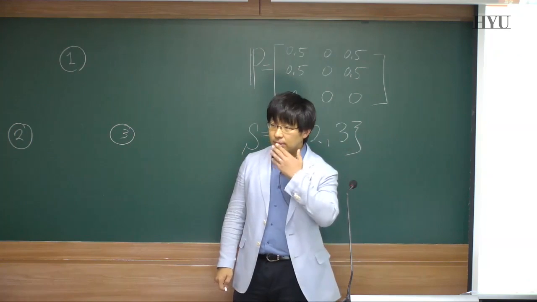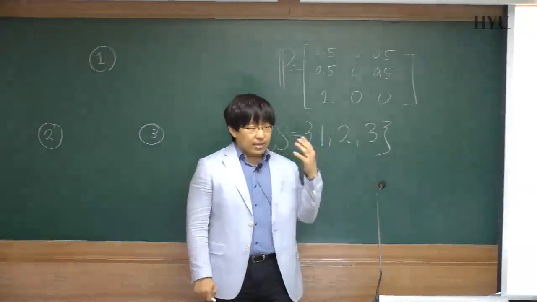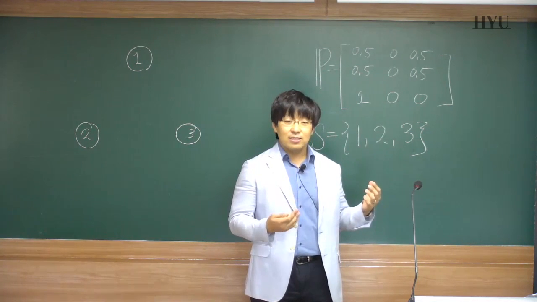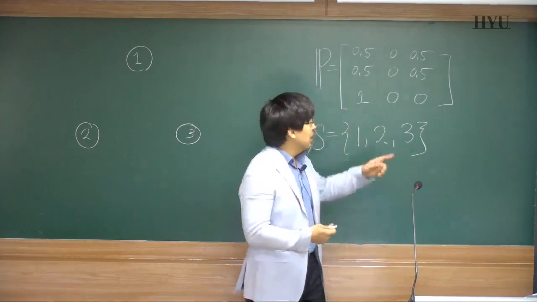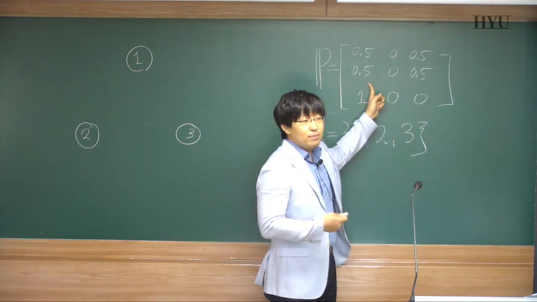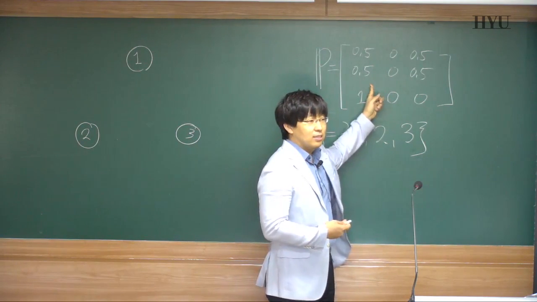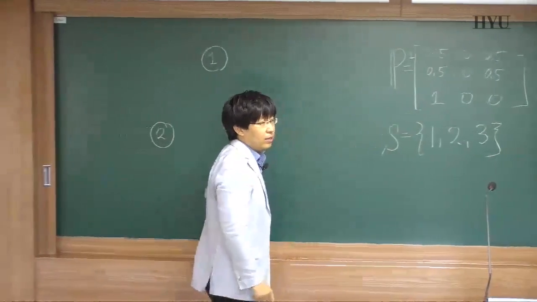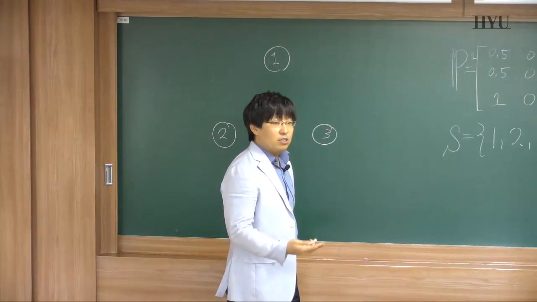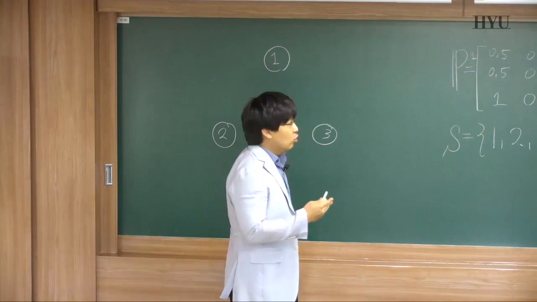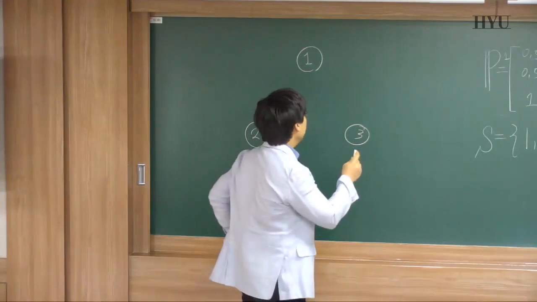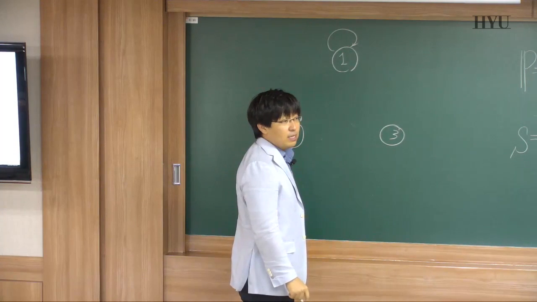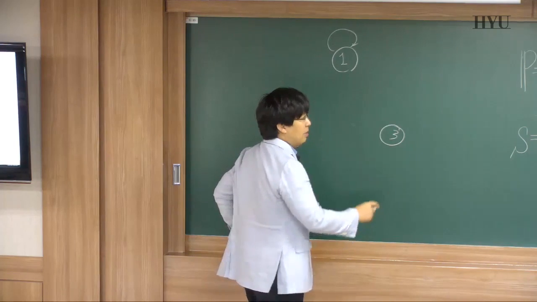And then, as I said before, to draw arcs we are going to consider non-zero one-step transition probabilities. So from state 1, the arc from 1 to 1 has probability 0.5.